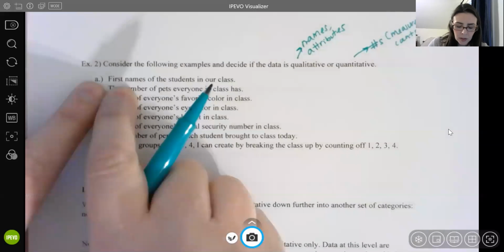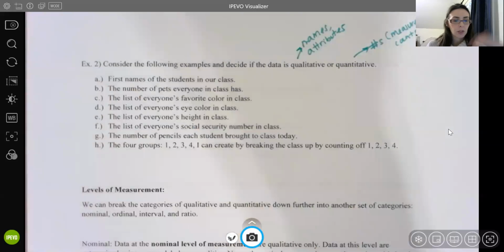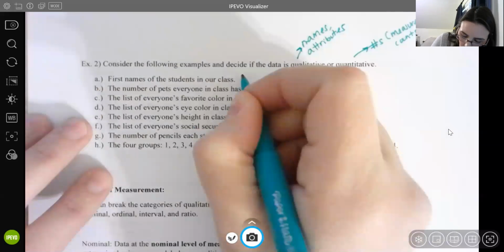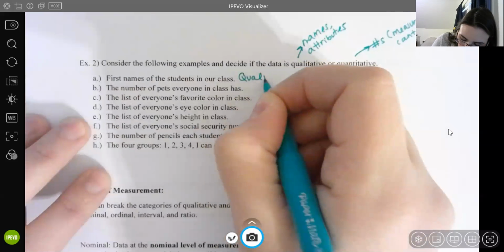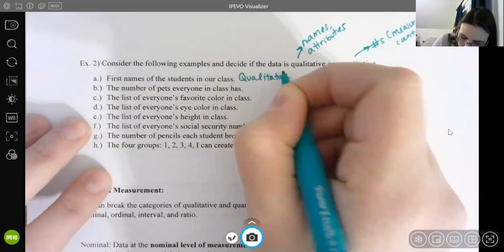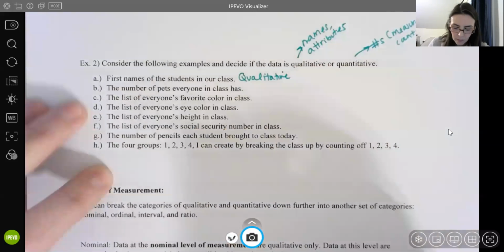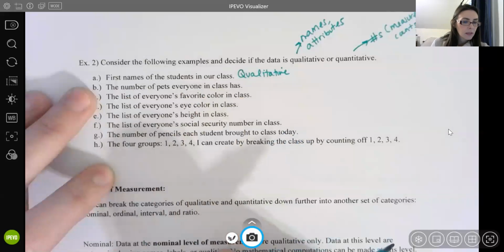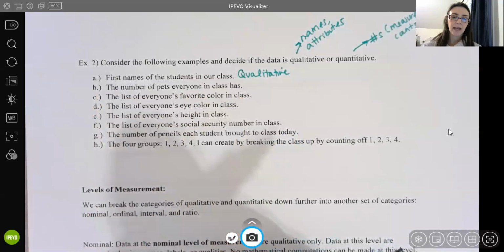So first names of students, that person's name is John, this one is Sally, Tom. I can't add those up, doesn't make sense, right? Those aren't numbers. This is qualitative data. The number of pets everyone in class has. All right, so I have 2 cats, I have 2 pets.